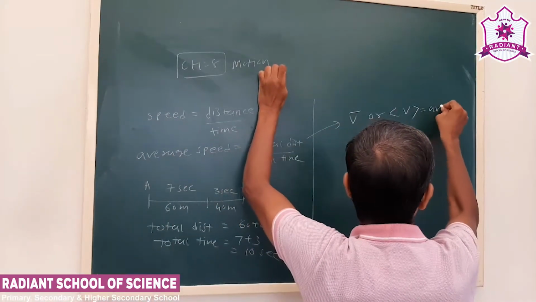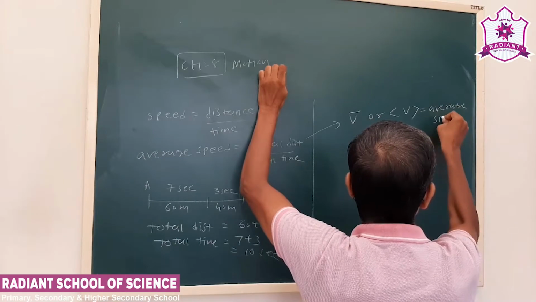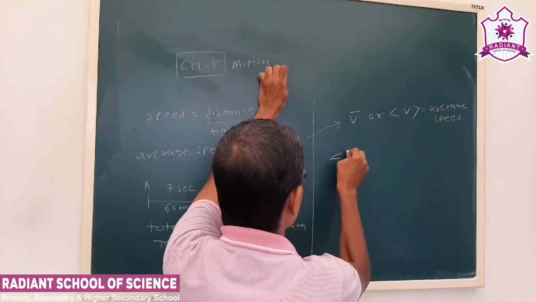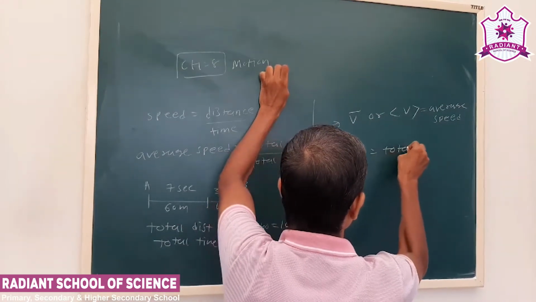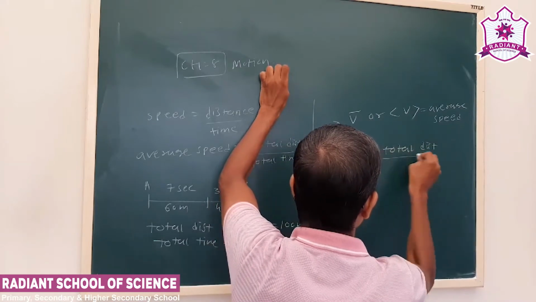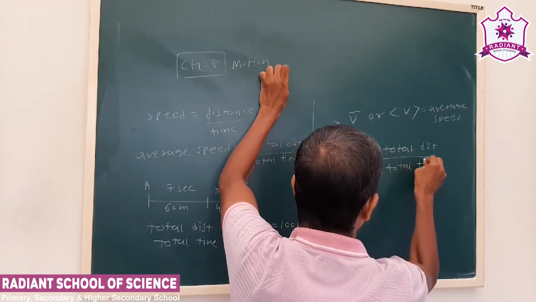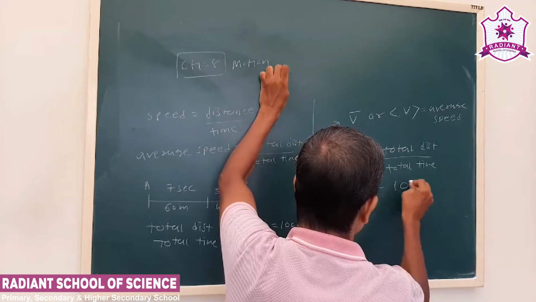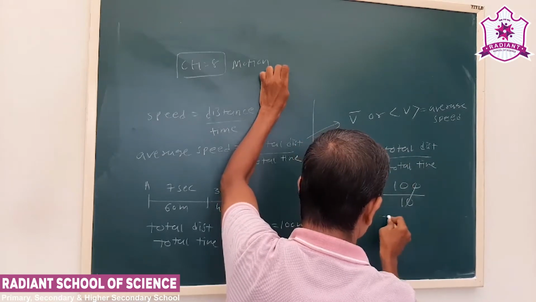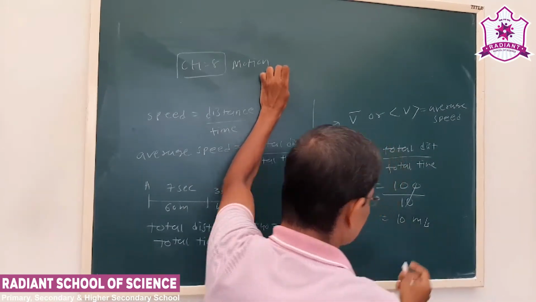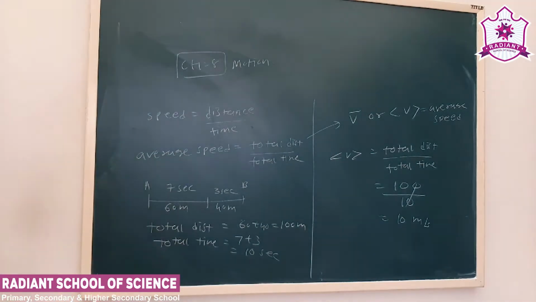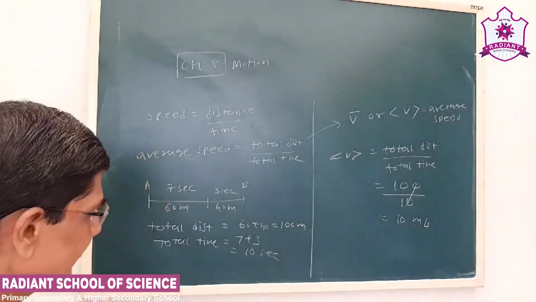So this is a symbol of average speed. Now see here, average speed is total distance upon total time. Total distance is 100, total time is 10, so 10 meter per second. Okay, so this is how we can obtain the average speed.